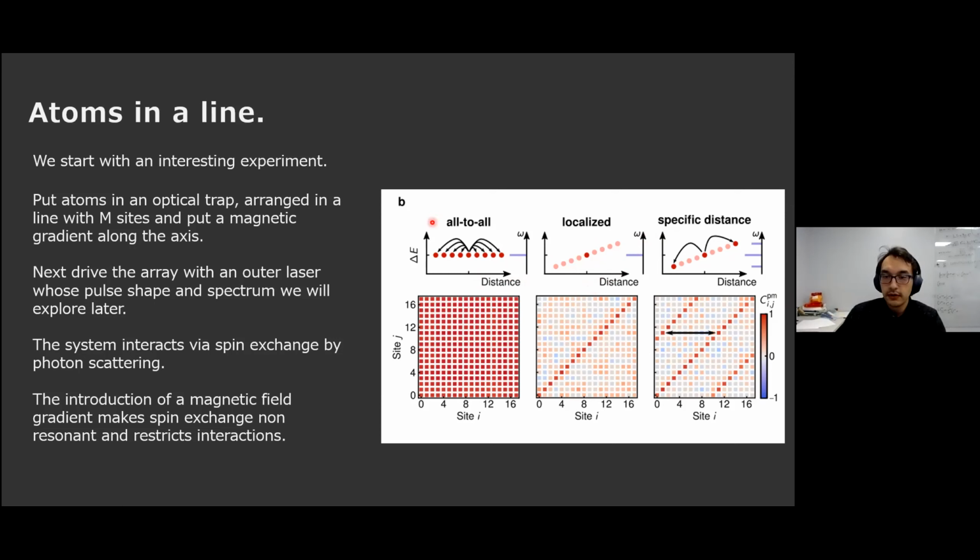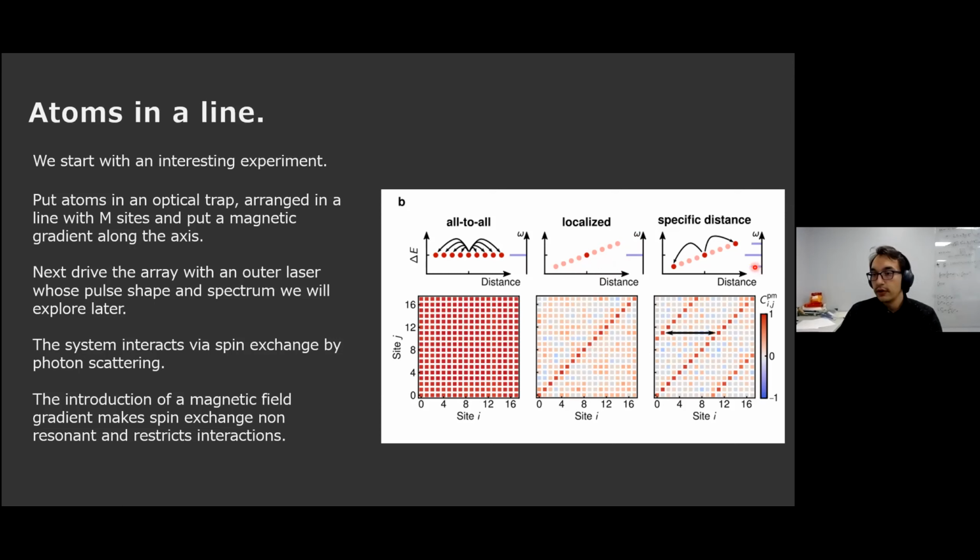So for instance, in this first image here, you have a monochromatic driving laser, but you don't have a magnetic gradient. So all the atoms can talk with one another and exchange spin. On this side, you again have a single monochromatic driving pulse, but you have this magnetic gradient turned on. So you effectively turn off the interactions between different sites of the lattice.